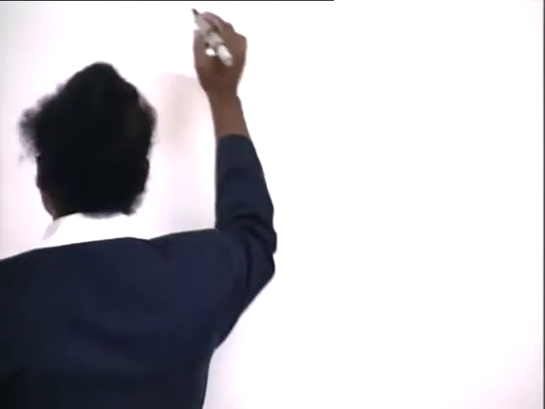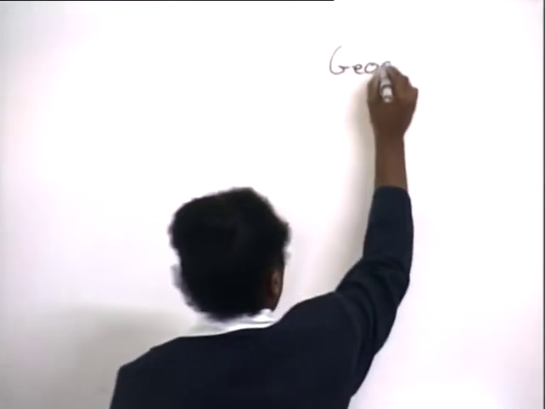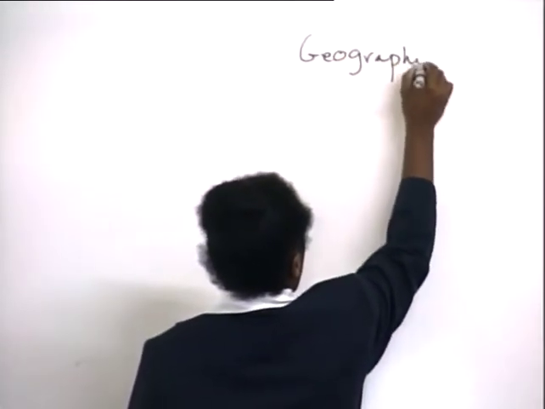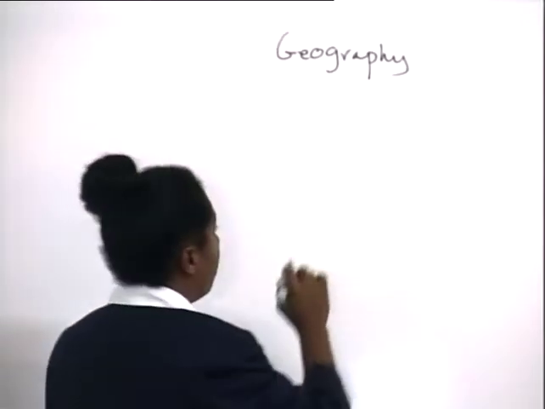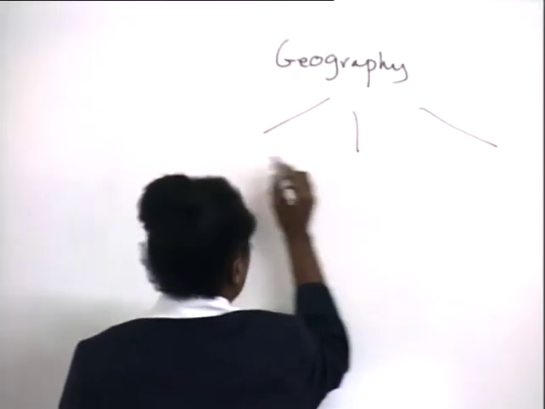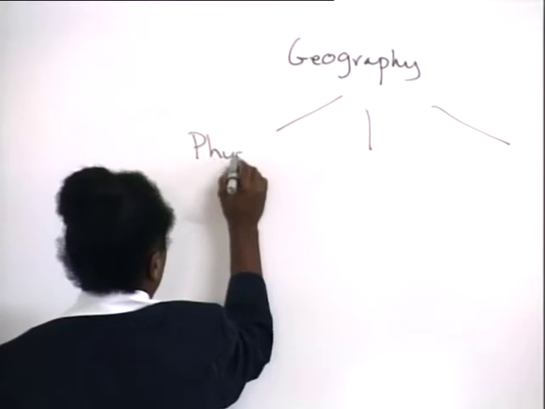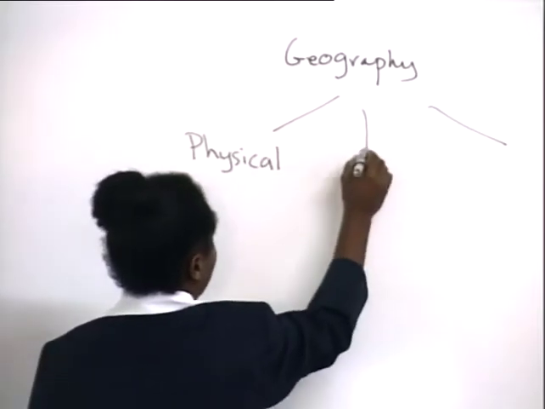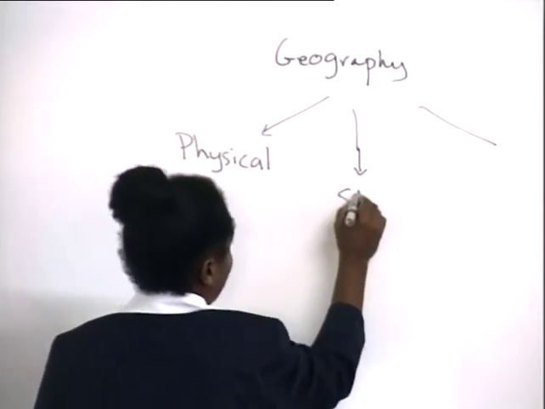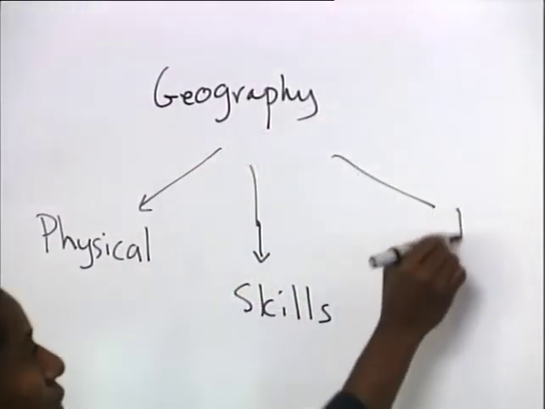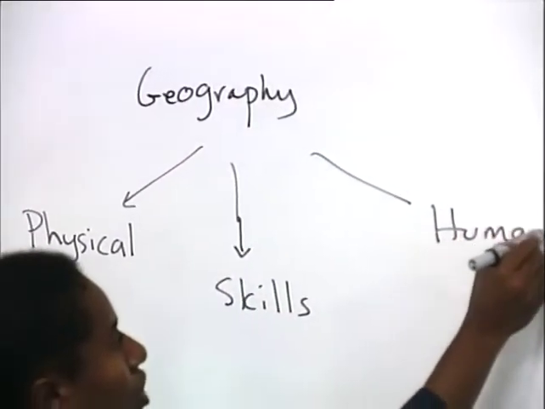But before we go ahead to looking at those terms to do with land use in Indonesia, especially on Java, I'd like us to be reminded that our work in geography covers 3 very important parts that we have already looked at: physical geography, we have the skills, and we have human geography.